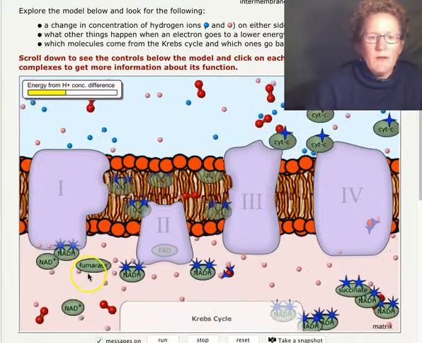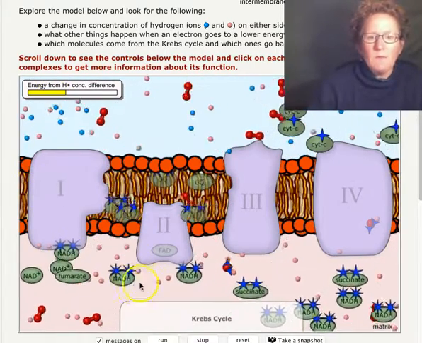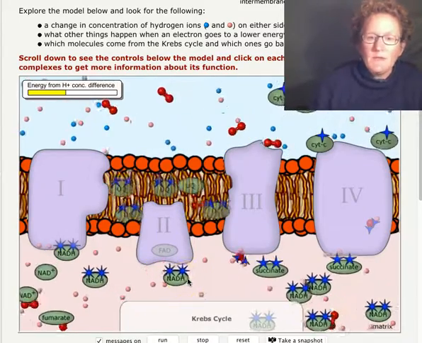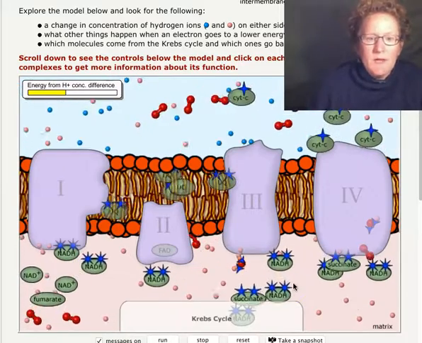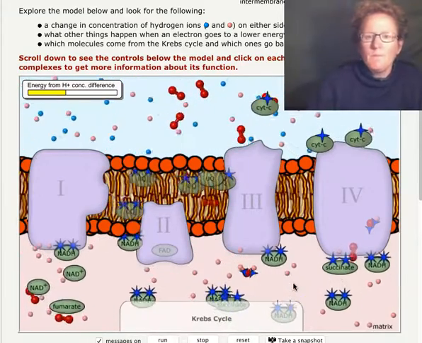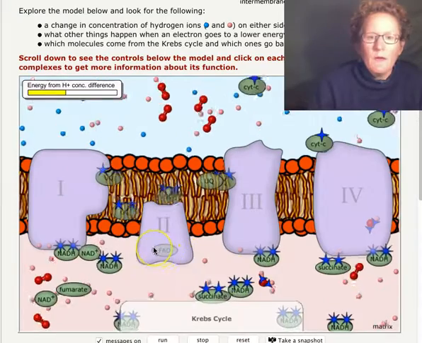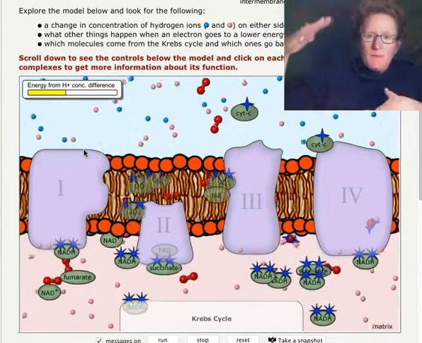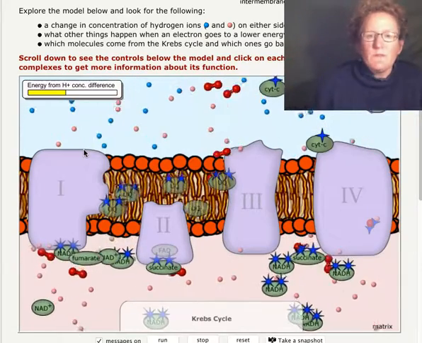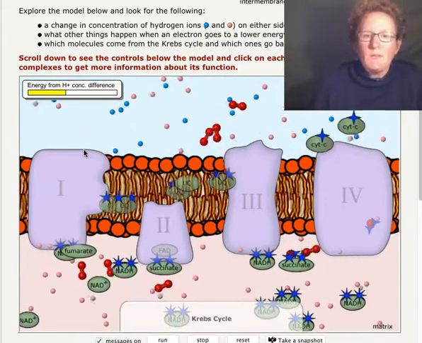So we're trading the energy in these high energy molecules, NADH and succinate and FADH, for energy from the electrical potential difference created by pumping H plus ions.